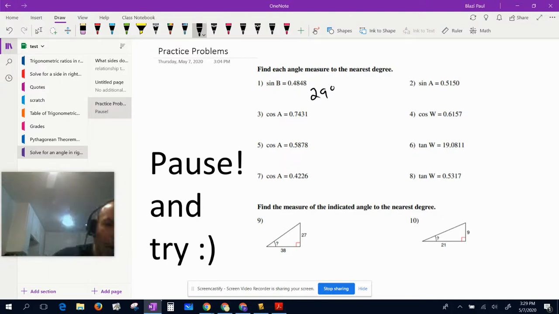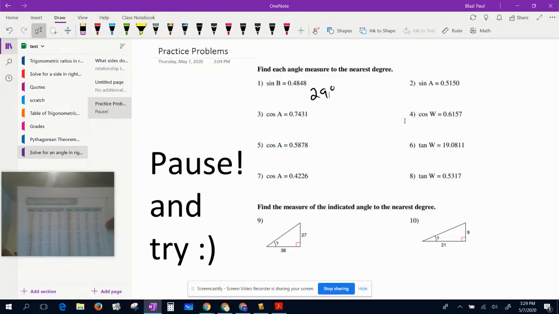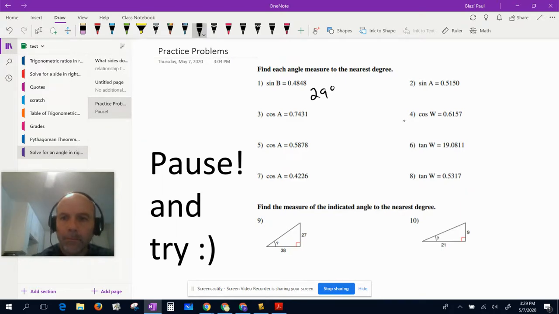And like I said, pause this and try these yourself. Okay, pause it right now. I'm going to go ahead and do them real quick. All right, I'm going to use my table. Okay, I got it right here. So I'm just going to write these in, but you need to pause it and write them in yourself. Okay.